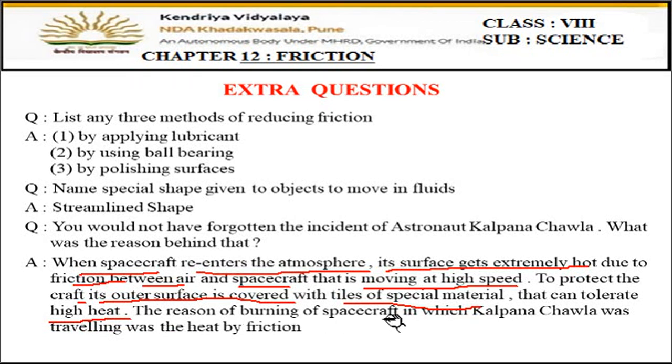The reason for the burning of the spacecraft in which Kalpana Chawla was traveling was the heat by friction, right? So because of a lot of friction between the air and the spacecraft, a lot of heat was generated and the spacecraft burned in fire. It burst in fire, and that was the reason for the death of astronaut Kalpana Chawla. She belonged to India only, right?